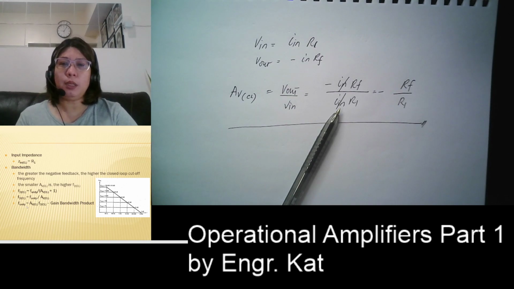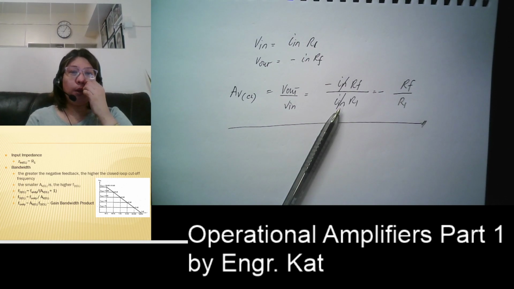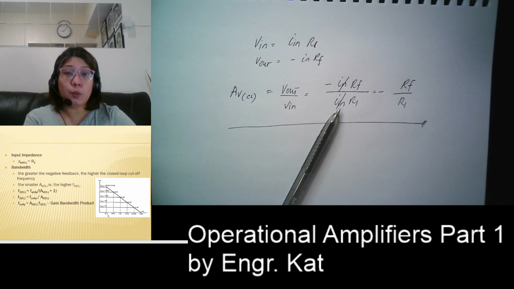So this F unity now is no longer equivalent to 1 megahertz. That will be equivalent to 1 megahertz if our gain is equivalent to 1. But if we have a higher gain, it will no longer be equivalent to 1 megahertz. And F unity here is what we call the gain bandwidth product.